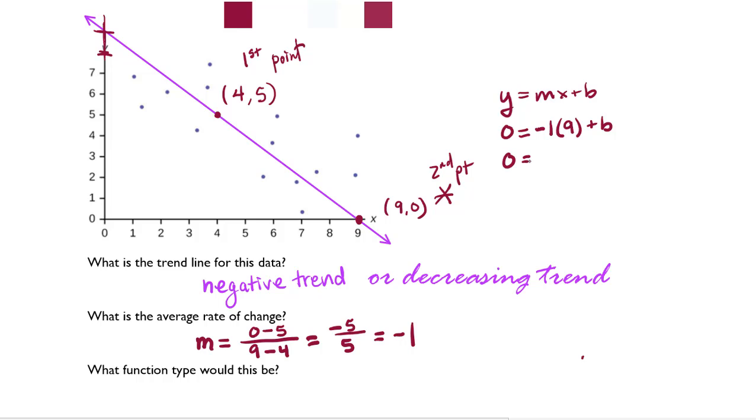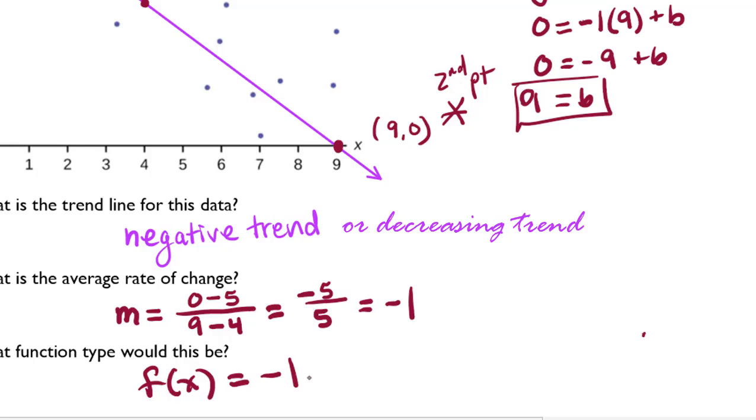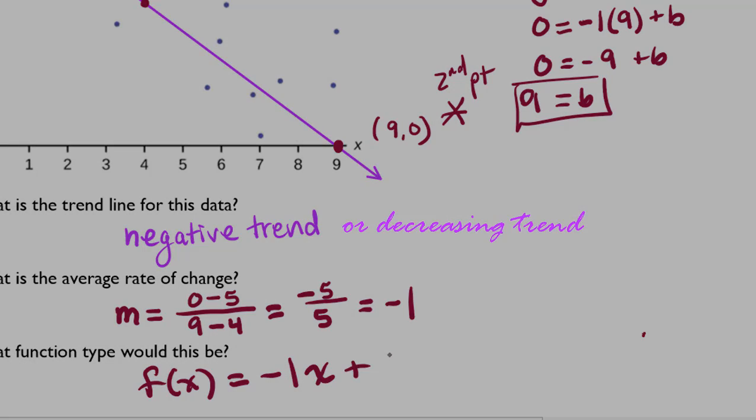So I have 0 is equal to negative 9 plus b, so b equals 9. Now I could have just recognized that was true based on the fact that the slope is negative 1, but you can also do a quick calculation to make sure your mental math is working for you. So the function for this would be f of x is equal to negative 1x plus 9.